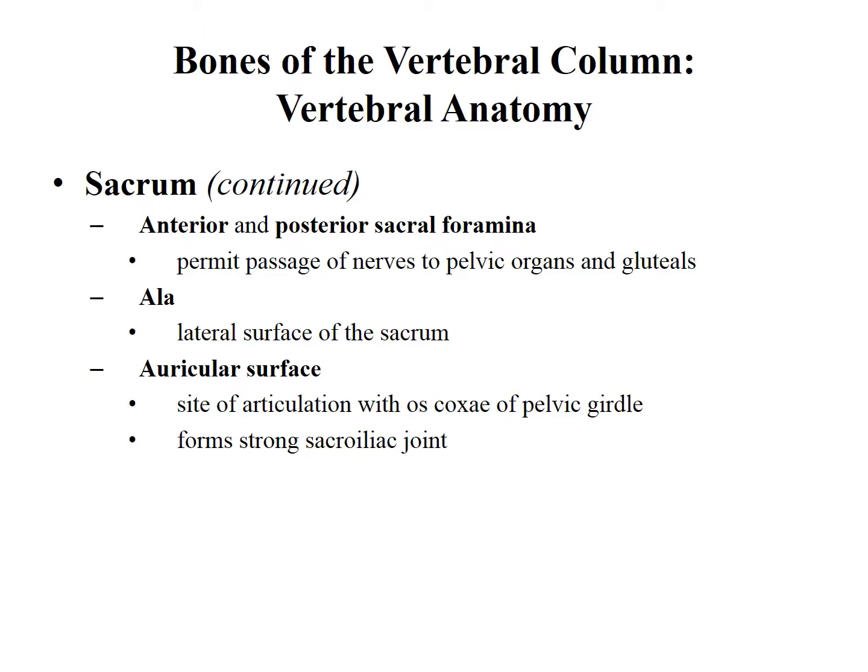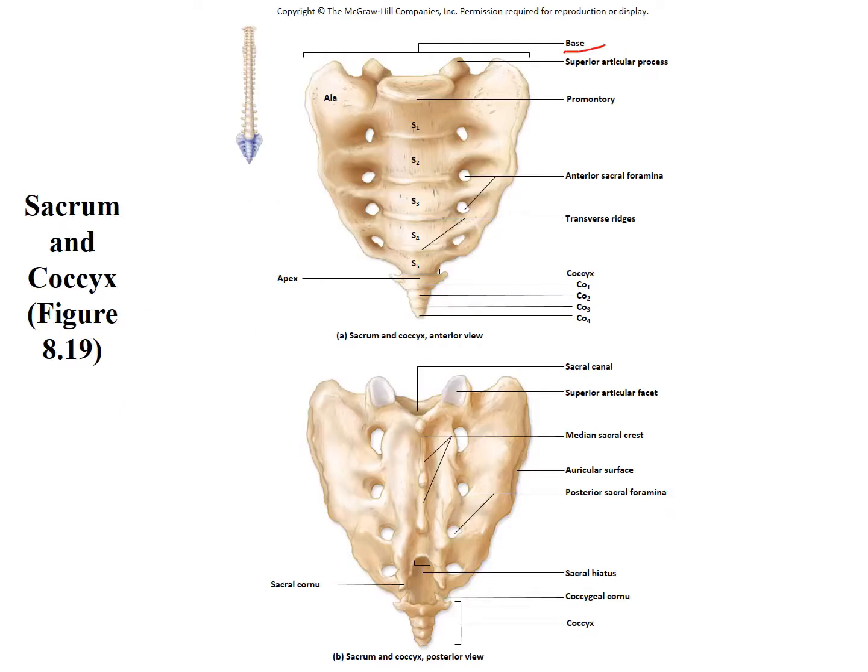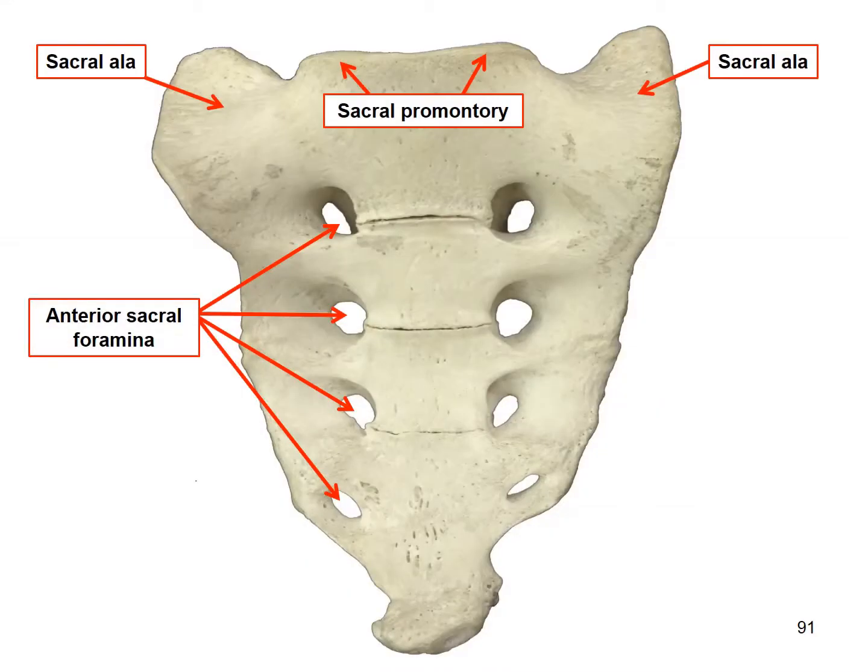So just to list again some of the things that we need to find on the sacrum, we're going to look for the sacral foramina, we're going to find the ala and the auricular surface, as well as the base and apex. On this view, you can see the base and apex noted, as well as the sacral foramina. And again, the base or sacral promontory, which is found at the base of the sacrum, the sacral ala, and the sacral foramina.